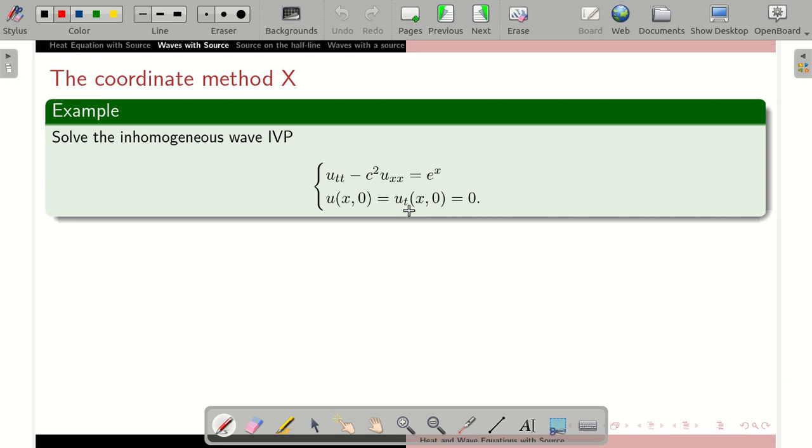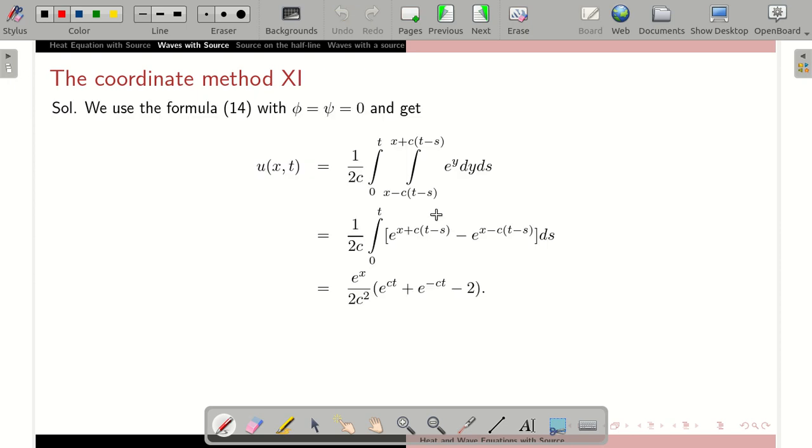And now I will take one example. You want to solve this equation with right hand side exponential x, and phi and psi both are 0. So you can just use the direct formula.